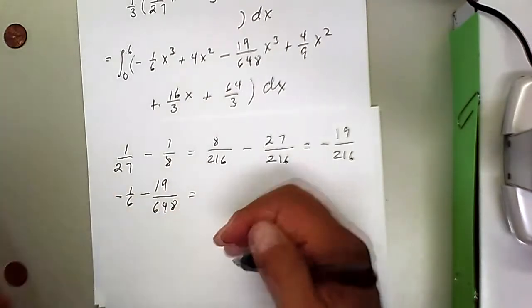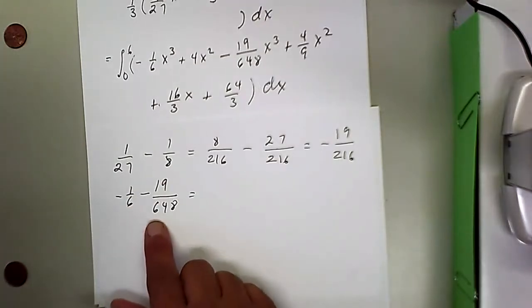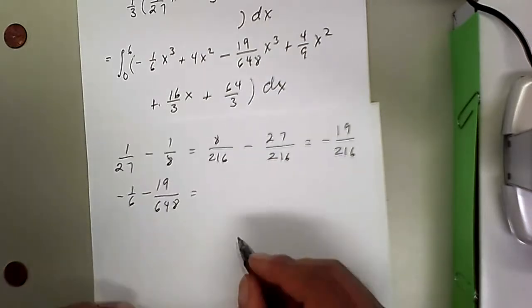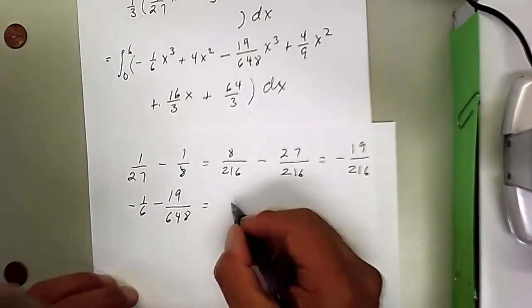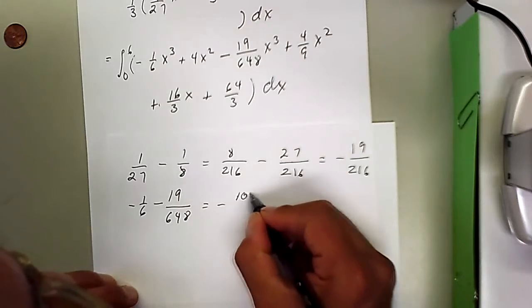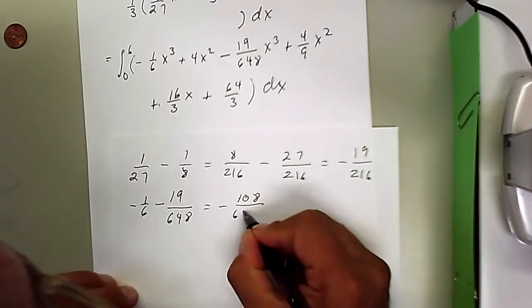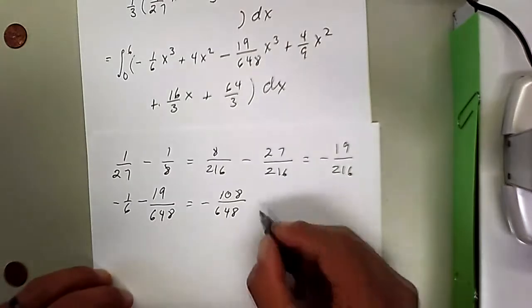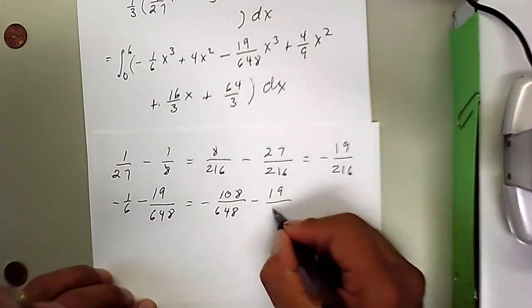So the common denominator, well, 6 goes into 648. 648 divided by 6 gives us 108. So we can simply multiply by 108, negative 108 over 648, and then keep the 19 there.